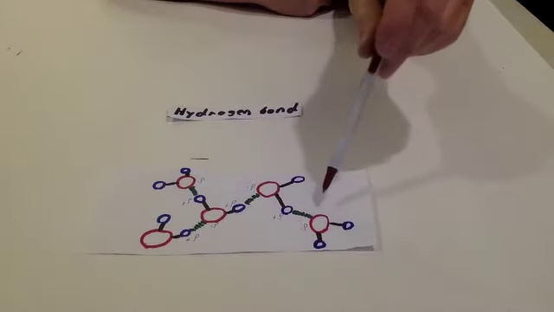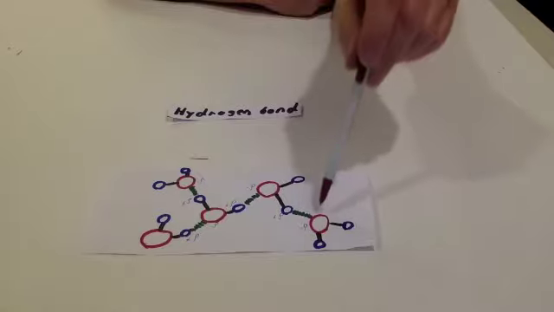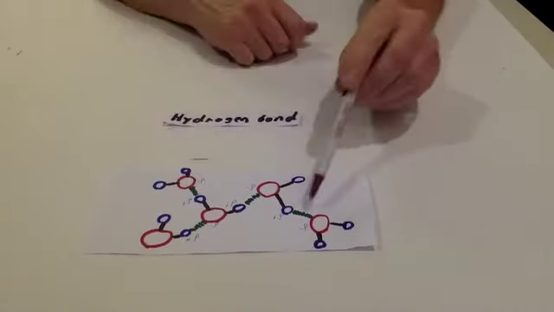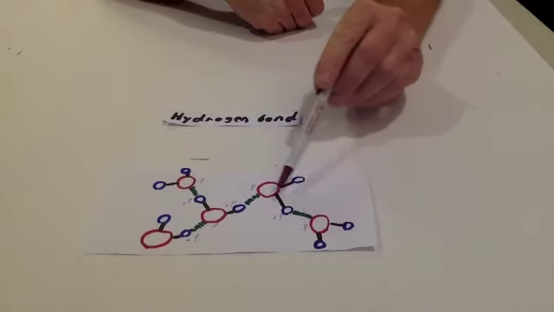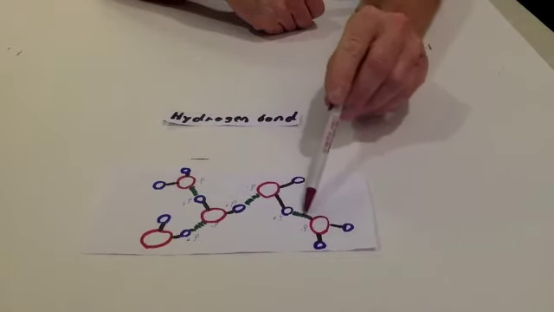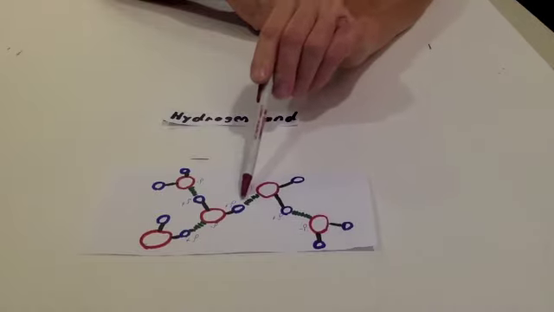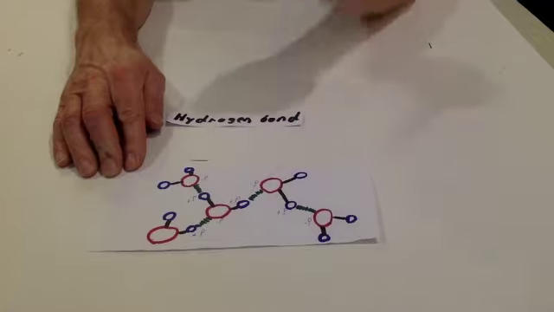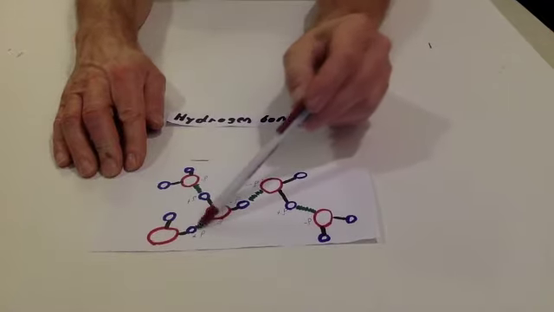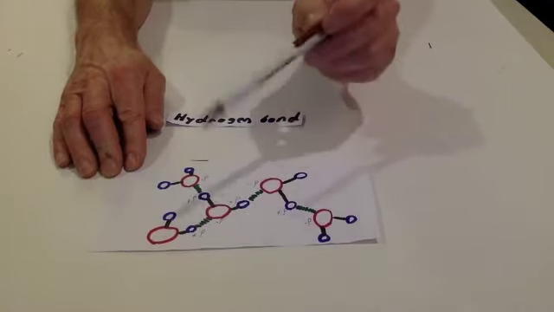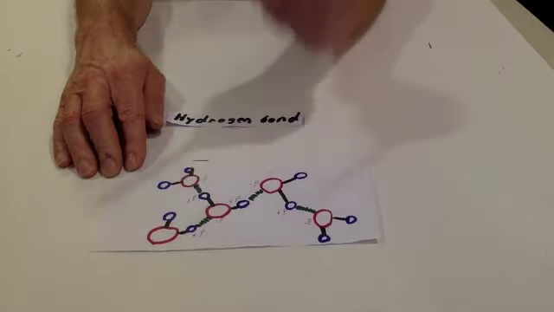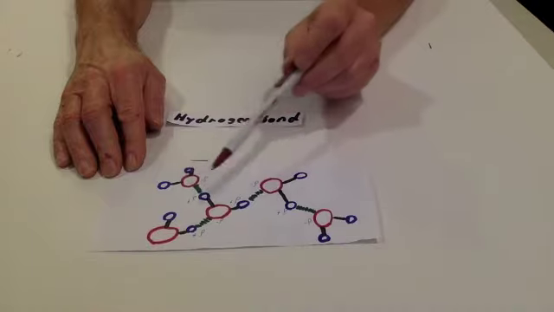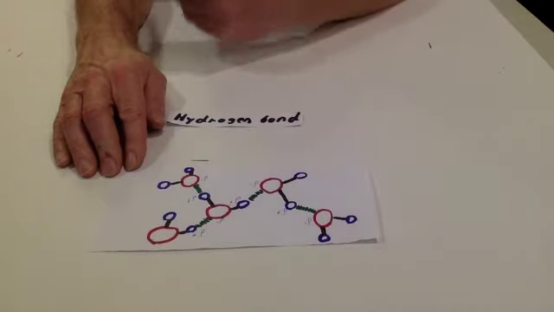And these water molecules are actually connected or sticking to each other via these hydrogen bonds. Here's this water molecule sticking to this water molecule via a hydrogen bond. Here's another hydrogen bond connecting this water molecule to this water molecule, and another hydrogen bond connecting this water molecule to this water molecule, and another hydrogen bond connecting this water molecule to this water molecule.